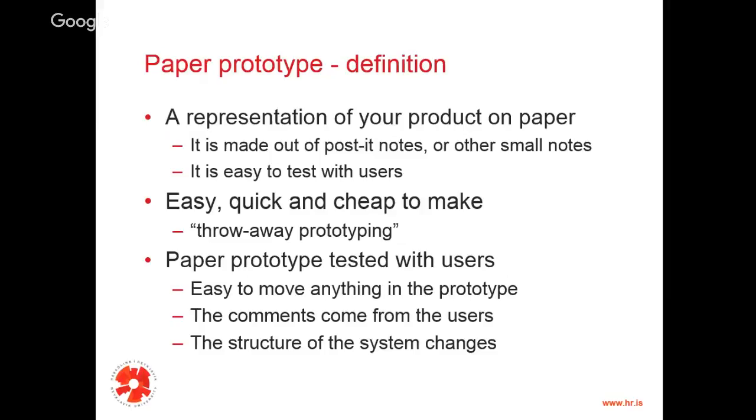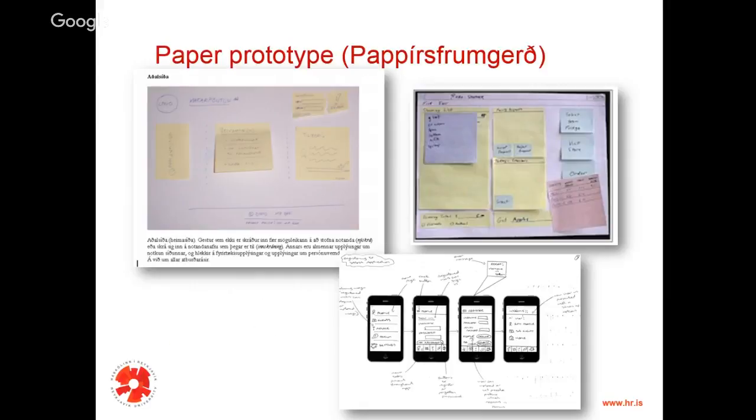So if the users say, "I can't find it, I can't see this information," you could take it from down there and move it up and say, "Would it be better up here?" So the comments come from users, and the structure of the system can change. These are examples of paper prototypes.